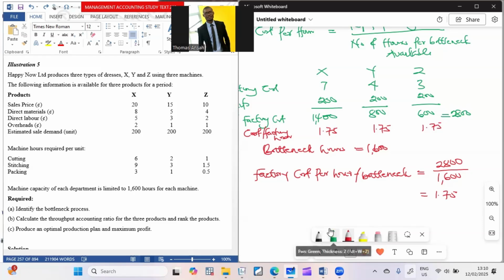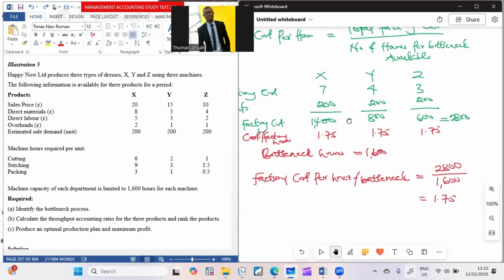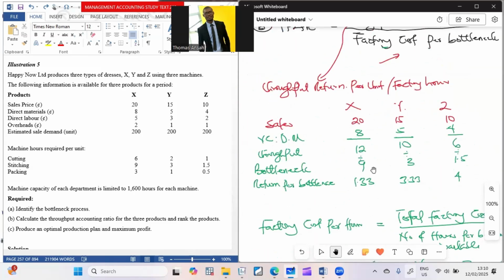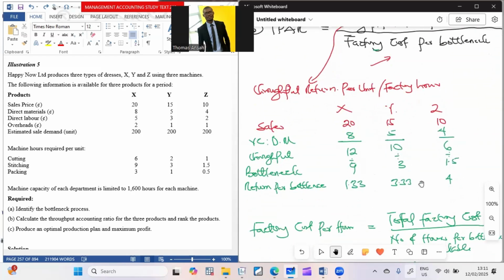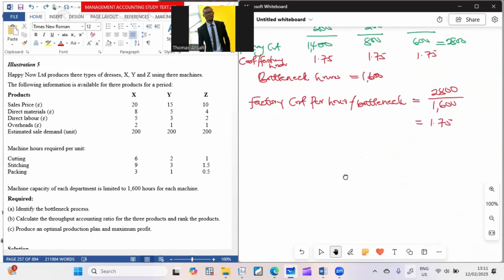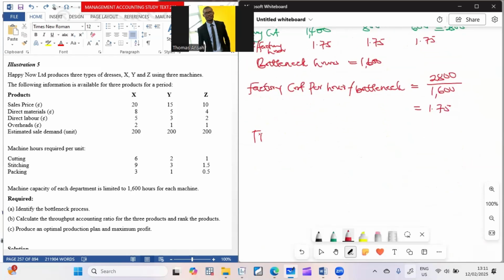Now remember, we've been asked to do the throughput accounting ratio. So if we pick for each of the departments, so this is multi-department we are looking at. Each of the departments, we are going to divide 1.33 here by that. So by what we have. So now my throughput accounting ratio for X, Y, and Z. I have my throughput return per factory hour.